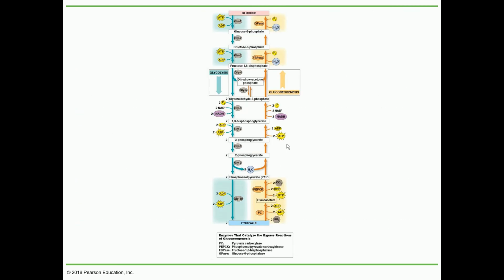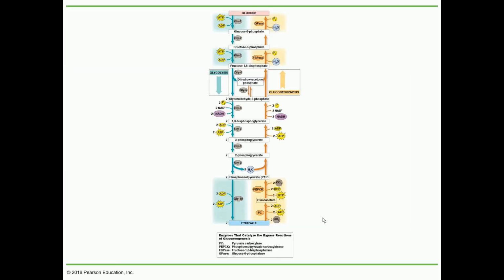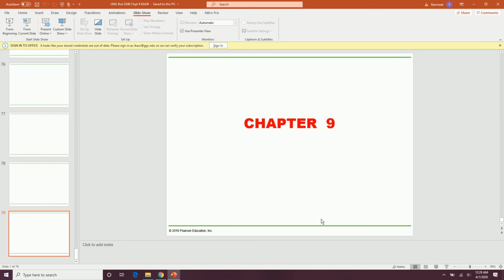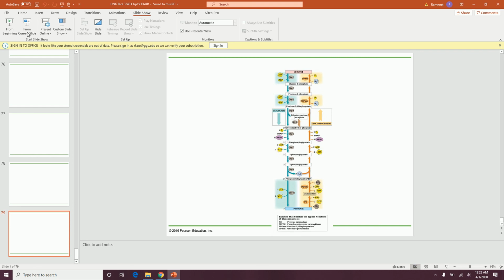Let me go back to the last slide. Okay, we are here. Three reactions are different, this one and this one. Other than that, all the other reactions are just the reverse of glycolysis.